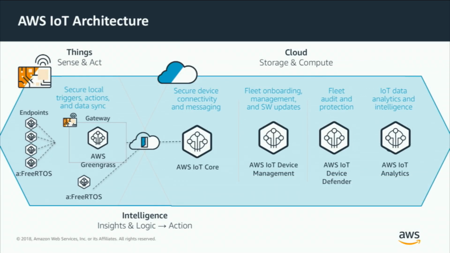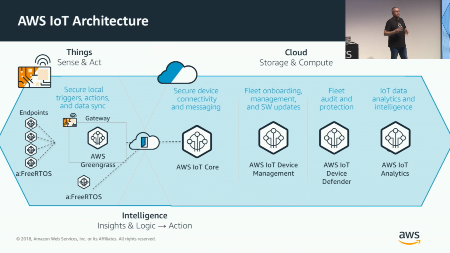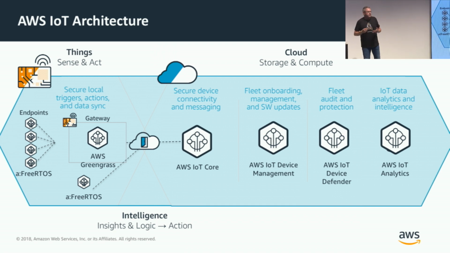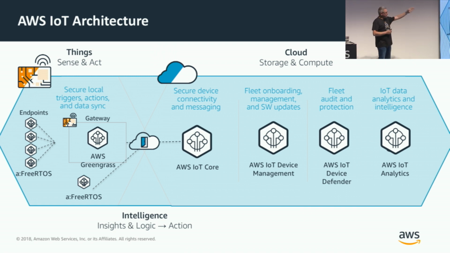And this solution was designed for small systems, and I'm playing with it a lot for my home automation and some IoT projects that are just for fun, and for large-scale projects with millions of devices, with customers like Philips running their entire IoT infrastructure, with sensors in medical machines and sensors in patients' homes, and many, many others. And you can basically get this entire flow from things to cloud using intelligence with the different tools of AWS IoT Core and all the rest of the system.